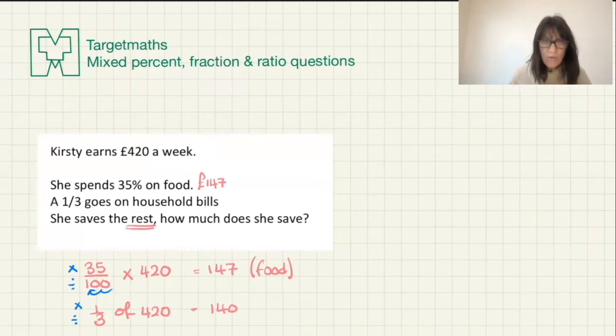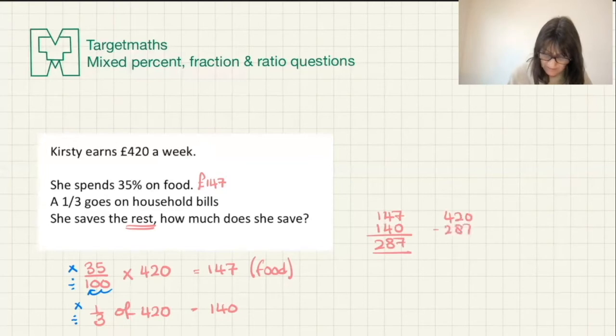Well, I need to know what that is. So what actually does she have left over? So I'm going to be doing 147 plus 140, which is 287. I'm going to take my 420, take off what she's already spent, and I've got 133. Remember, we can use a calculator throughout.